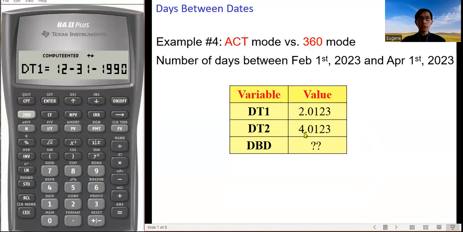Key these 2 dates into the calculator. DT1, 2.0123. And then DT2, 4.0123.